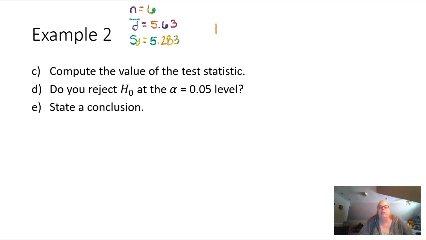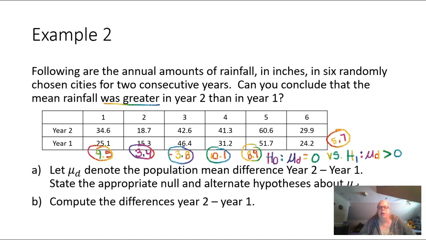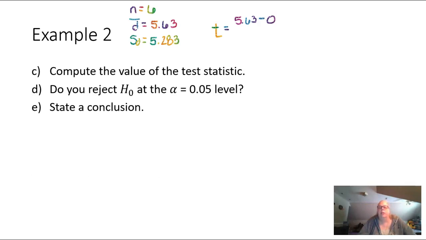All right, so now we can figure out our test statistic. We're going to take the mean of our differences, and we're going to subtract off 0. Remember, that came from the null hypothesis right here. We don't think there's a difference at all. And then we're going to divide this by the standard deviation of those differences divided by the square root of n.